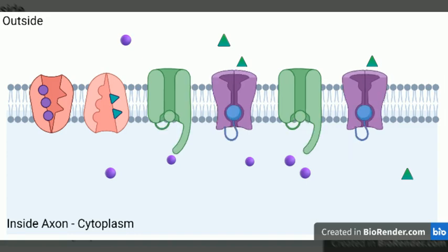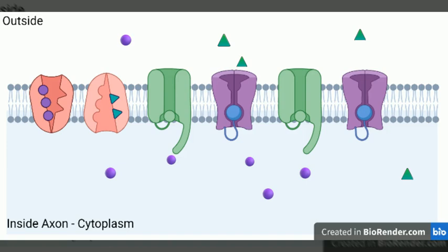Now, at the end of an action potential, we've got our ion concentrations completely flipped from where they were before. At the beginning, we had a lot of sodium outside, and now we've got a lot of sodium inside the axon. We had a lot of potassium in the axon. Now we've got a lot of potassium outside the axon, and their gates are closed, so those ions are essentially trapped.